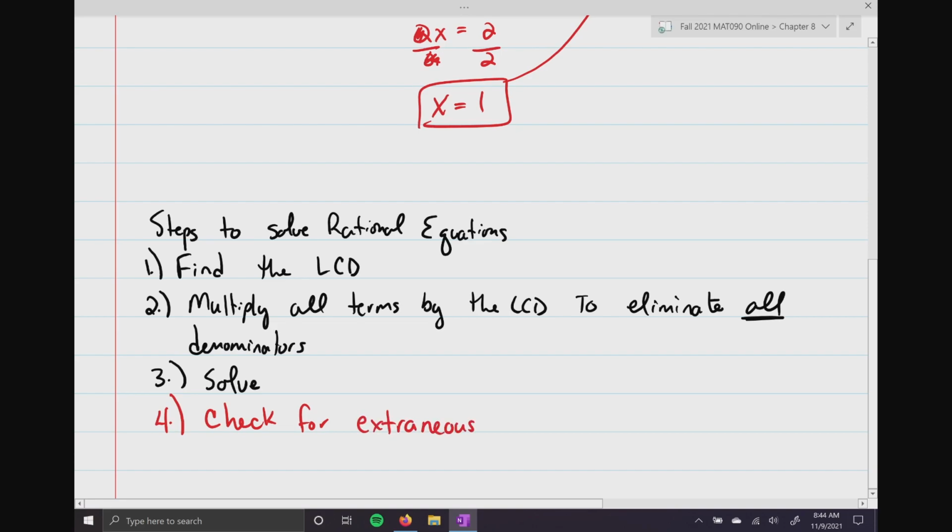Now, this is something new for us, okay? That's why I'm writing it in red. Check for extraneous solutions. Okay? And extraneous is just a really fancy word for extra.